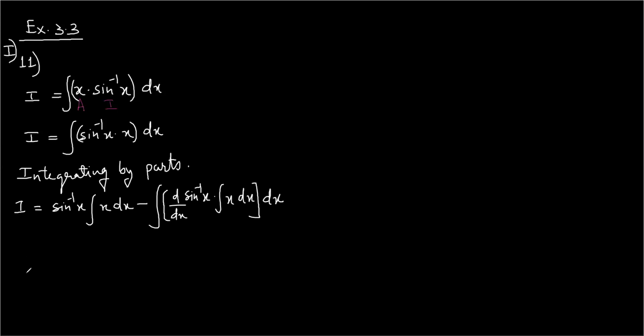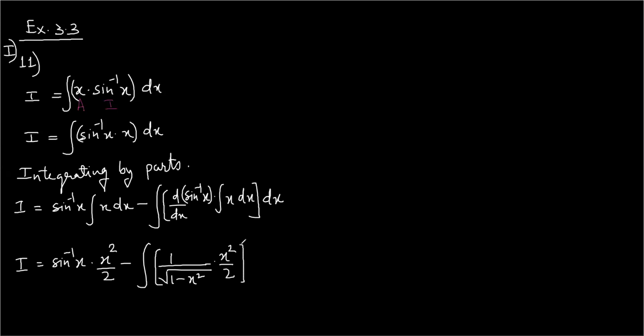So the next step I get is I equals to sine inverse of x. Integration of x is x square upon 2 minus, here I have d by dx of sine inverse x, which is 1 over square root of 1 minus x square, and integration of x is x square by 2, dx.